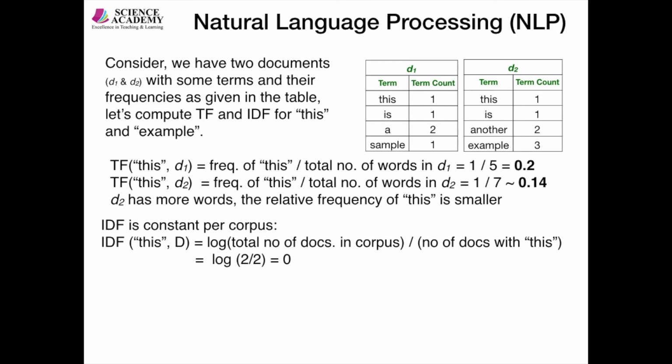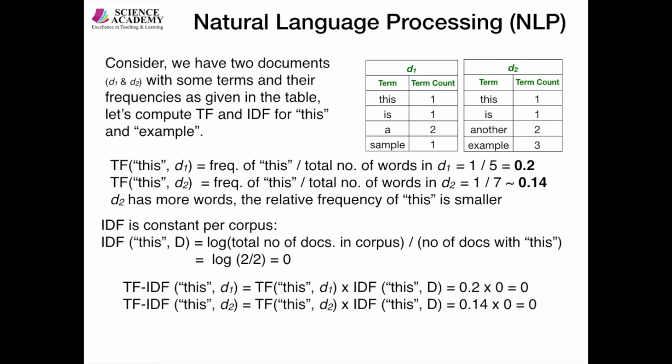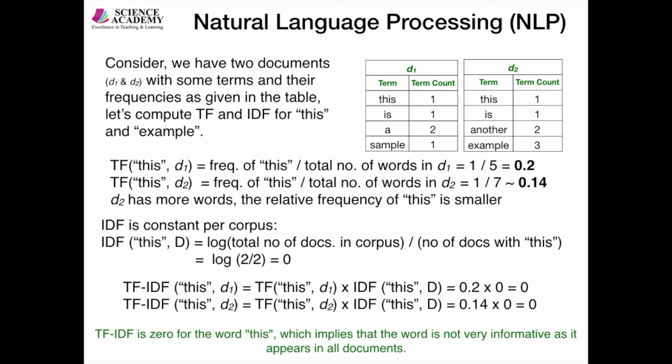We can compute TF-IDF simply by multiplying TF by IDF. So in this case, TF-IDF for both documents is zero. Now this implies that the word this is not very informative, as it appears in all documents.